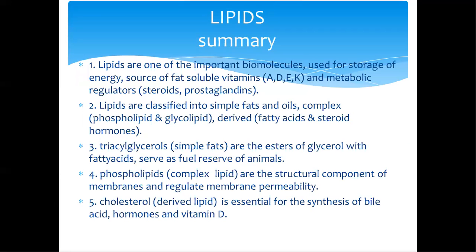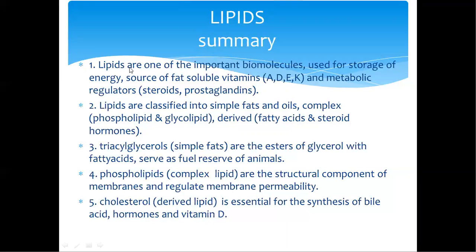And the last is the summary part. Here lipids are one of the important biomolecules. We have other biomolecules like proteins, nucleic acids, and carbohydrates. Lipids are useful for the storage of energy, especially long-term energy for about 1 month in animals. This is not instant energy like carbohydrates.